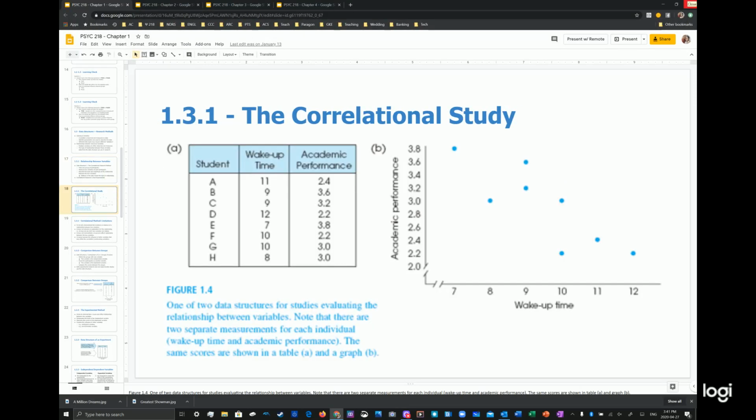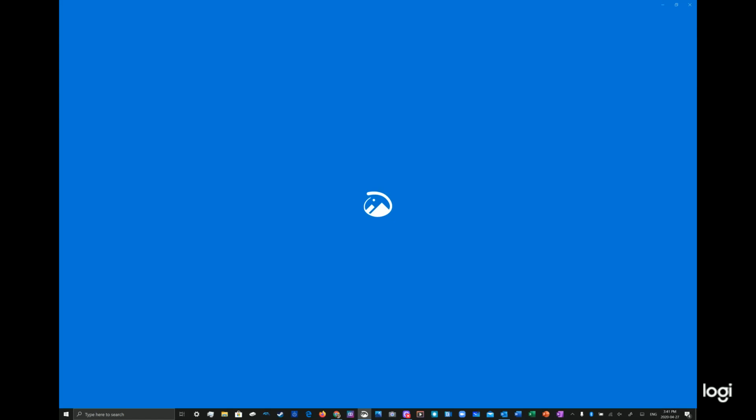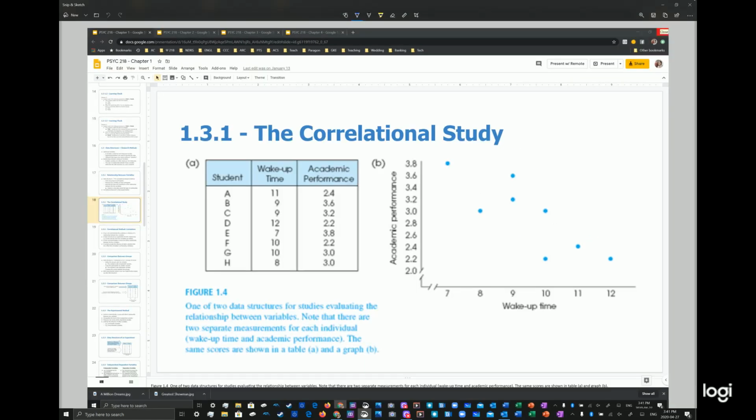So with this correlation, here's an example. In this correlational study, we look at how much time a person or student spends waking up, and how their academic performance is in relation to how much time they spend awake.